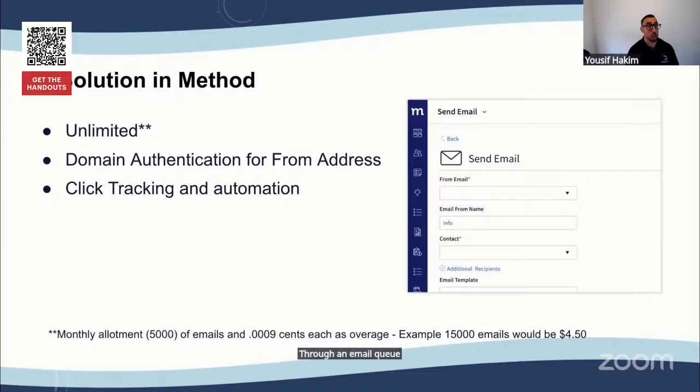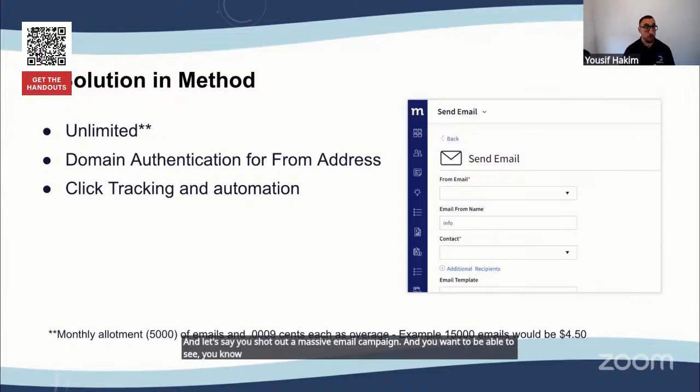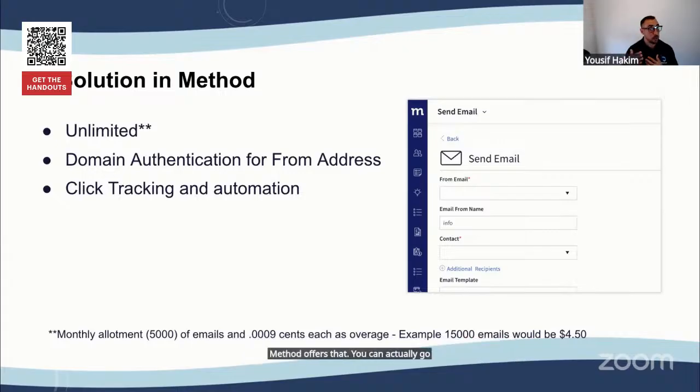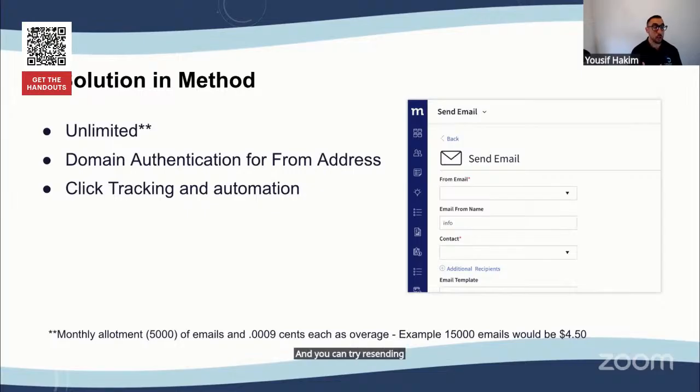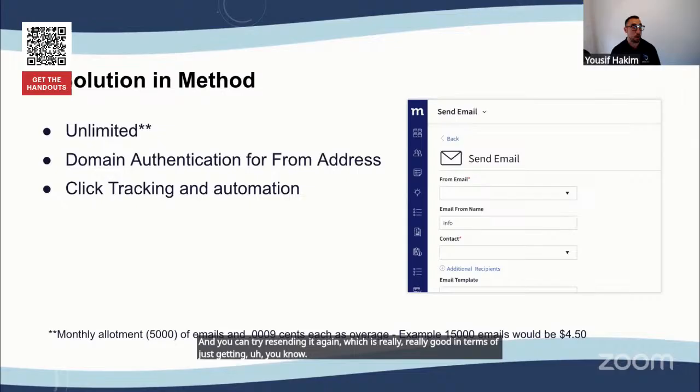So you can actually go into Method, and let's say you shot out a massive email campaign and you want to be able to see how many people opened, clicked, what bounced, or whatnot. Method offers that. You can actually go into the email queue and you can see who received the email, who opened it, who clicked it, what bounced, and you can try resending it again, which is really, really good in terms of just getting your deliverability up to par.